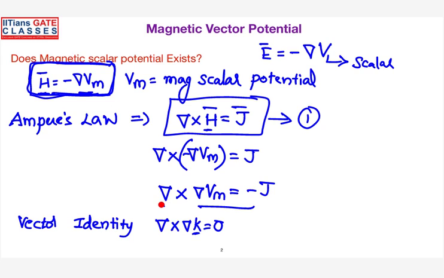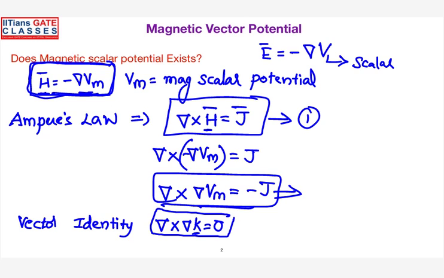So when you compare, what you are getting now is the curl of a gradient as a nonzero quantity. What is the meaning of that? To satisfy the identity, your current density has to be equal to 0. But that really means there is no current, so there is no magnetic field.